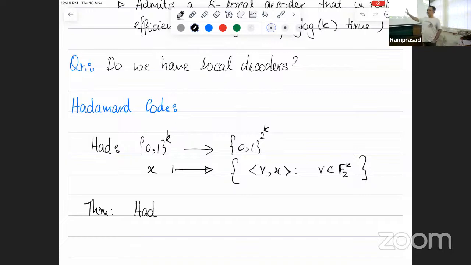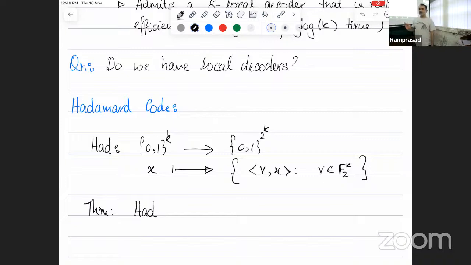Now, so the theorem is that Hadamard. Notice that, by the way, firstly, we saw this last time because the distance of the Hadamard code is actually half. So even if you forget locality, if you want to do decoding, the best you can hope for is like a delta being like a quarter, because it has to be half the minimum distance, right? To be able to exactly figure out what is the code word that is within delta. Forget even doing it locally.